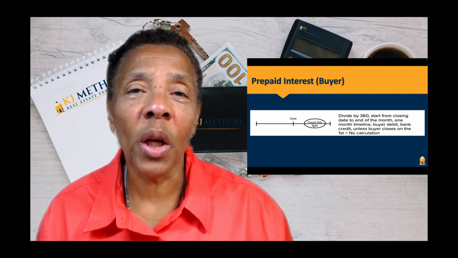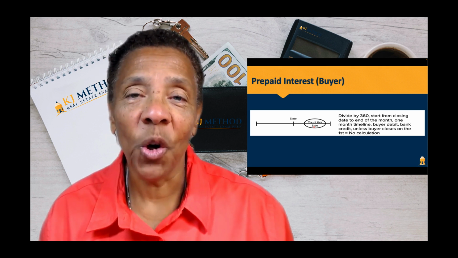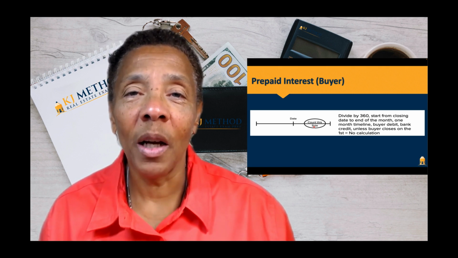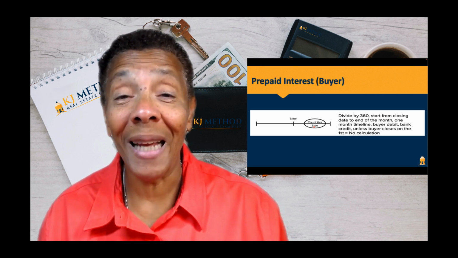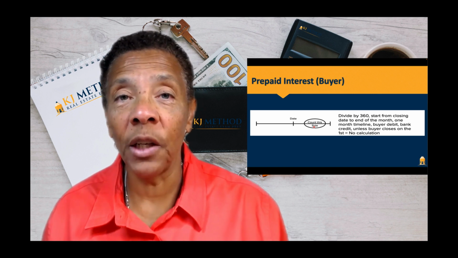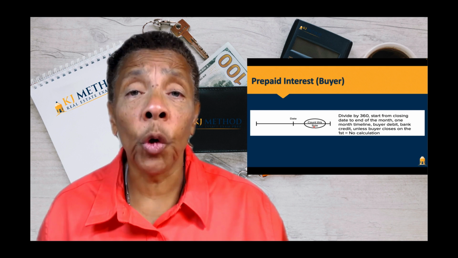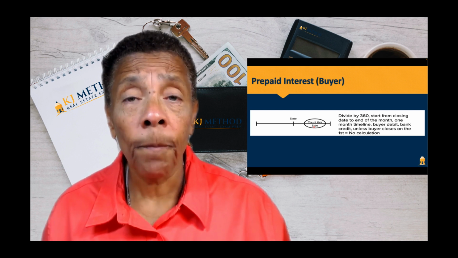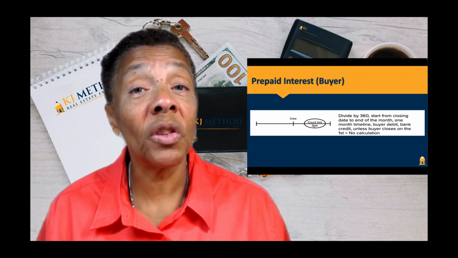And so when we're talking about prepaid interest, we're counting the right-hand side of the timeline. And we go from the actual closing date to the end of the month. The actual closing date to the end of the month. And so let's use that example again. June 1st through June 30th. Accrued interest, the seller side, would be June 1st to June 10th.